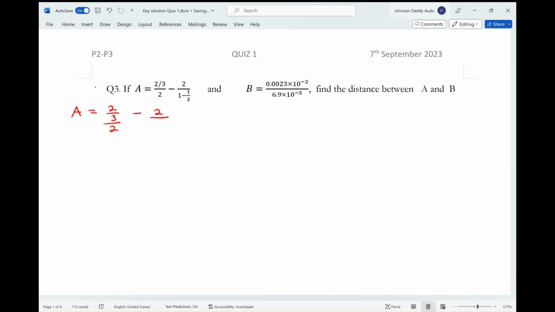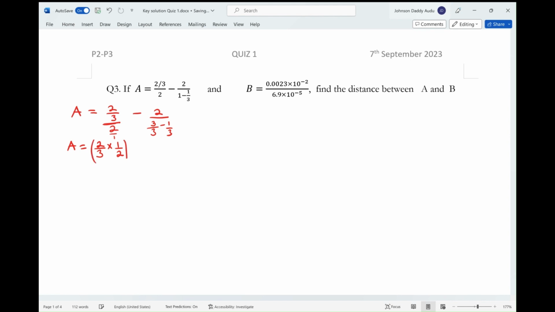This is 1 minus 3, which you can write as 3 over 3 minus 1 over 3. Now, many students make a mistake here. This is a compound fraction. This will become 2 over 3 times, this is 2 over 1. So it becomes 1 over 2. But many students do changing division to multiplication. They wrote this as 2 over 3 times 2 over 1. No, it's going to be times 1 over 2.